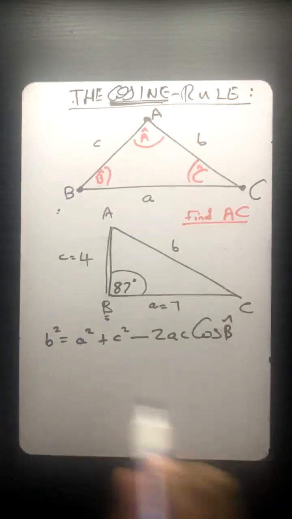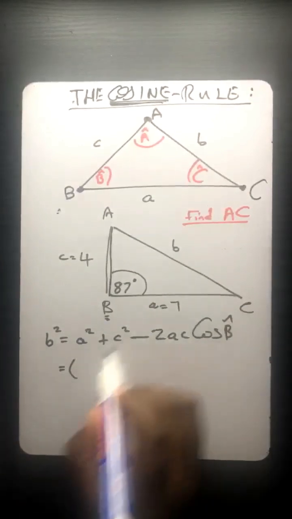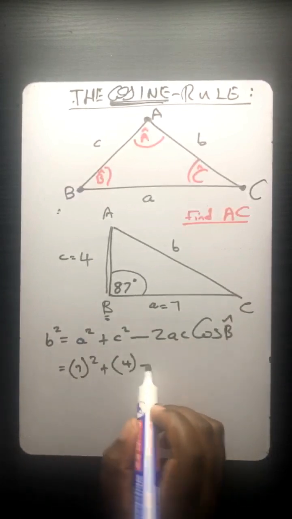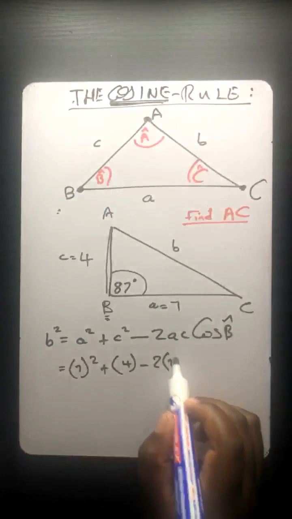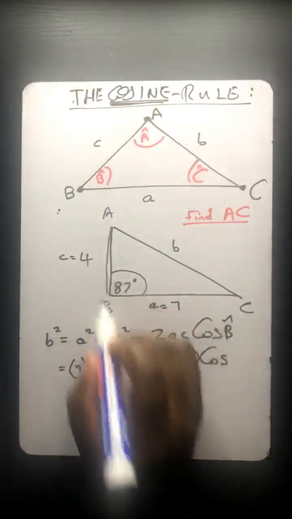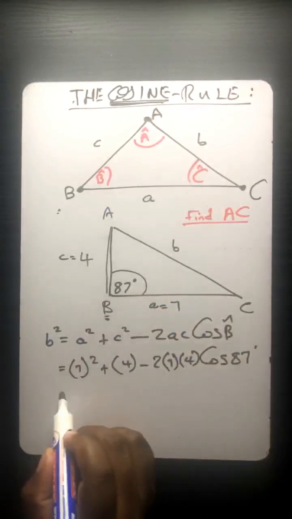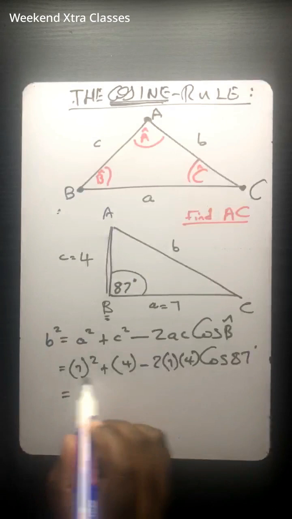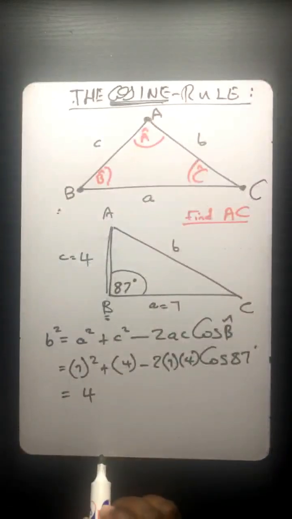Can you guys see what is side a? Is it not 7? What is side c? Is it not 4? Minus 2 of those same sides, 7 and 4, cos of the angle, which is 87. You just punch all of this in. Let's say for the sake of time, all of this gives you 4.